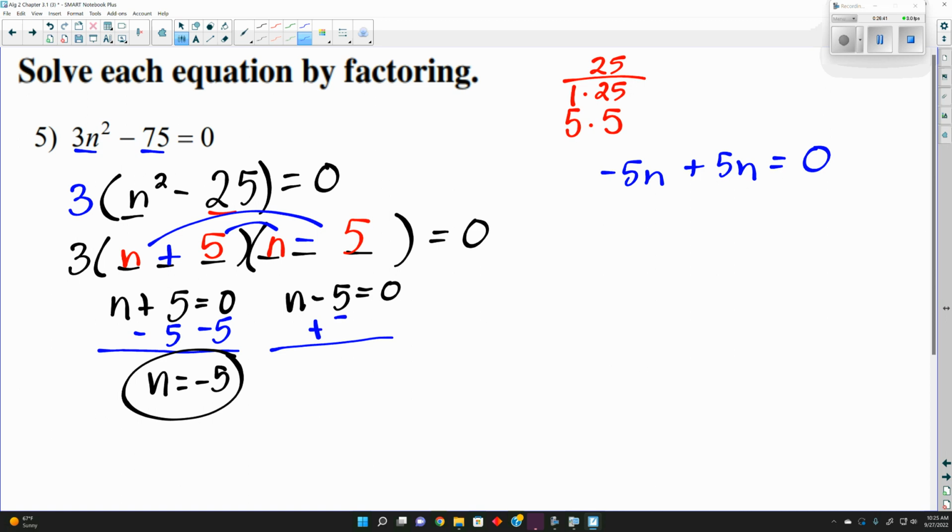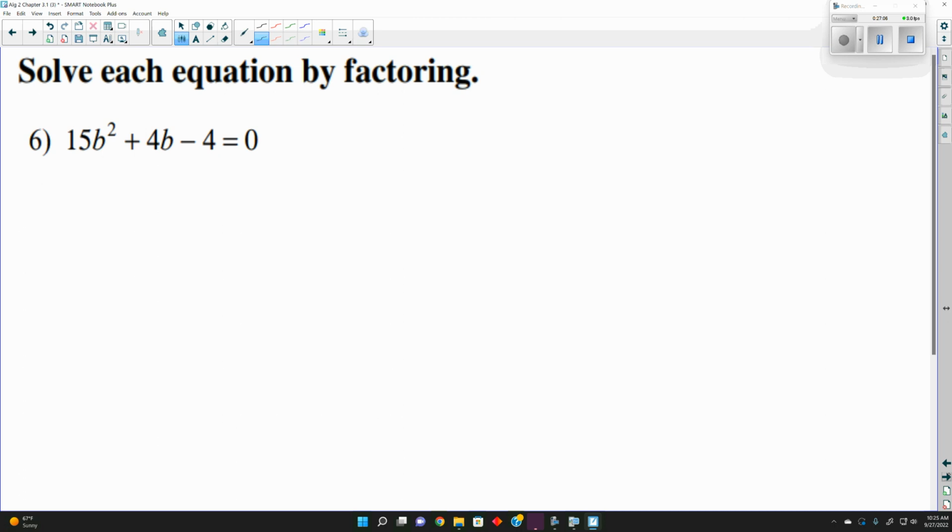Here we can add 5 to both sides, telling us n is equal to 5. So for this one here, n is either positive 5 or negative 5. It could be either one. Any questions on any of these here? Do we feel comfortable with these here?